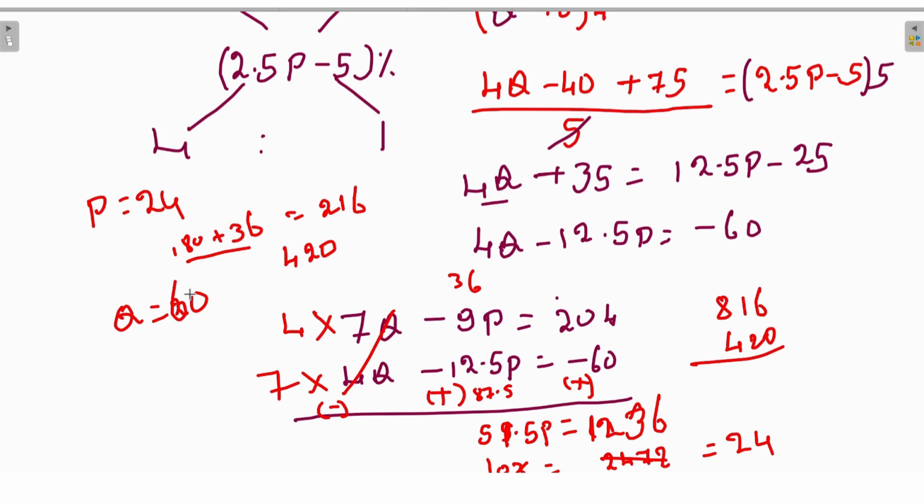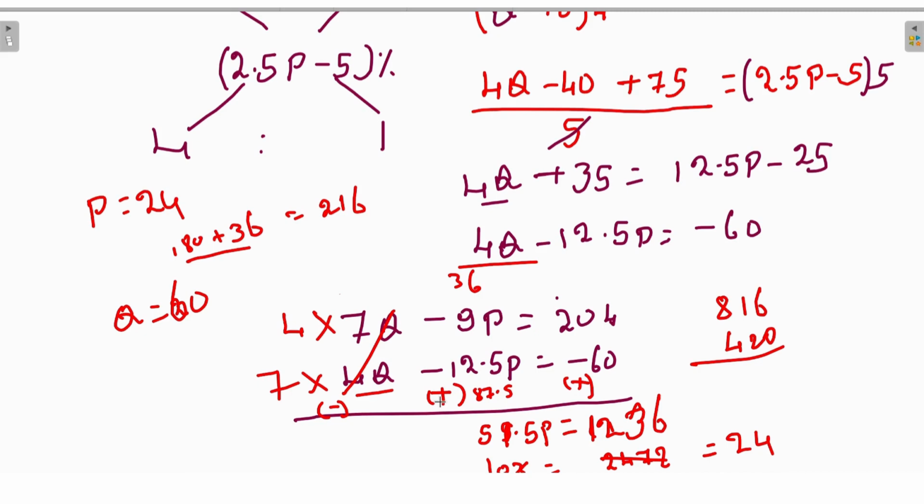I will give you some time, you try to do that. If I solve that equation, if we substitute here 4q is equal to this equation, you will get 7q. Wait, here I can substitute also, and you will get the same.